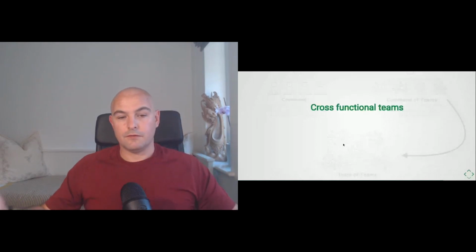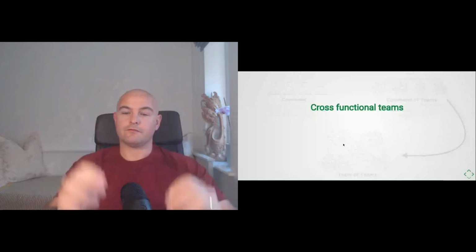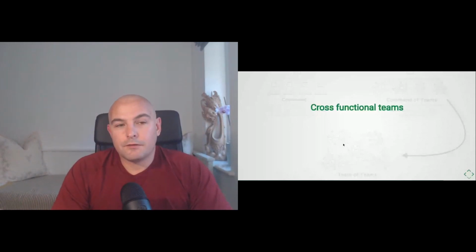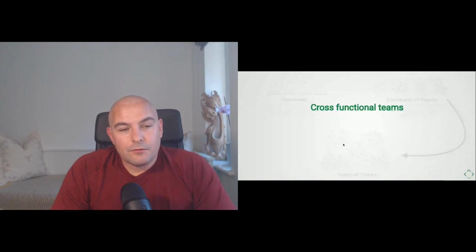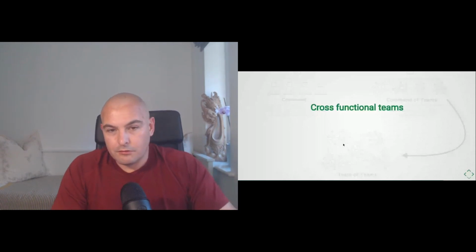So here's an example of a much more high fidelity OODA loop, right? I think it can be quite confusing looking at the OODA loop diagram, the one I showed at the beginning.